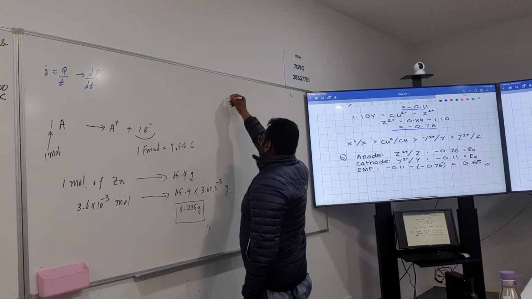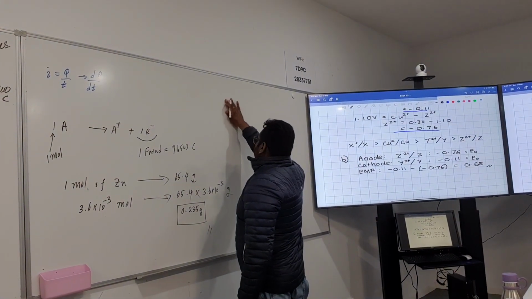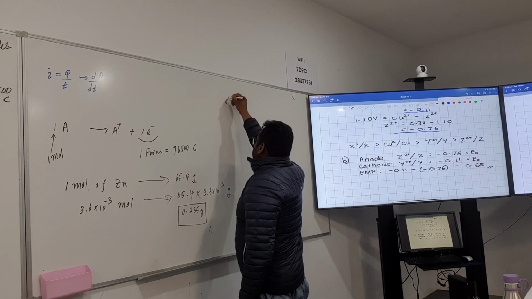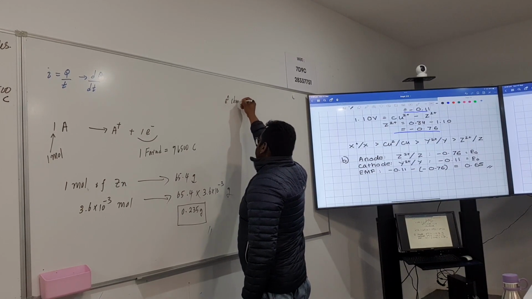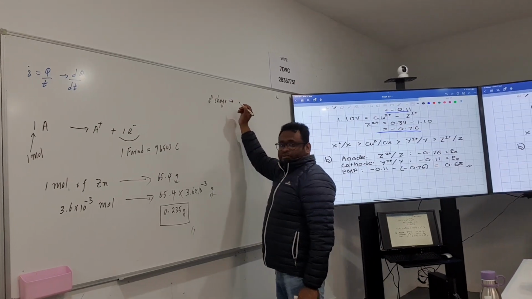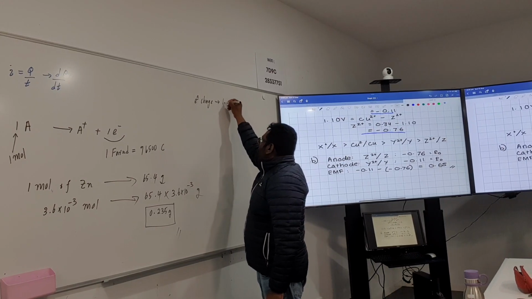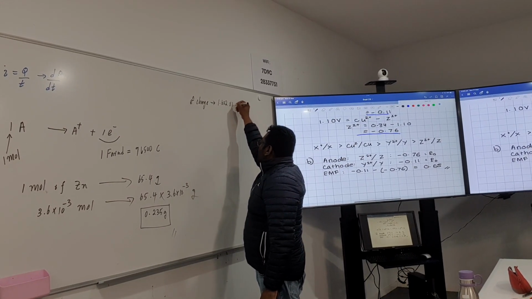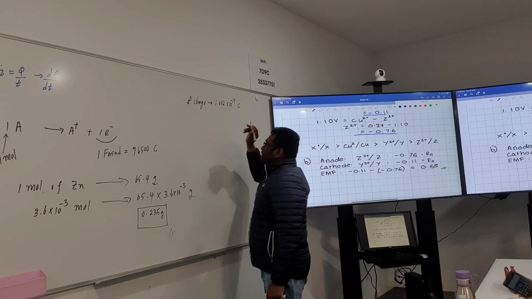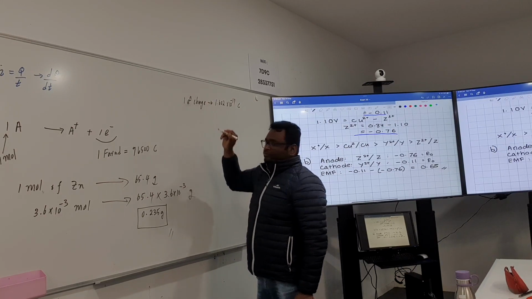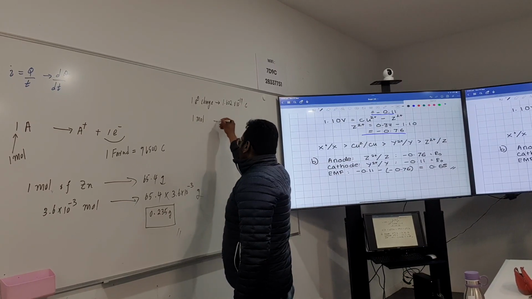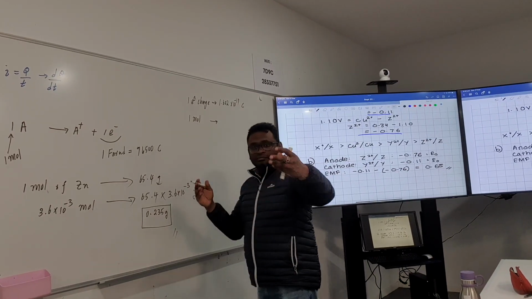What is the electron charge, guys? 1.602 times 10 to the power of negative 19 coulombs. This is 1 electron, right? 1 mole means how many electrons?